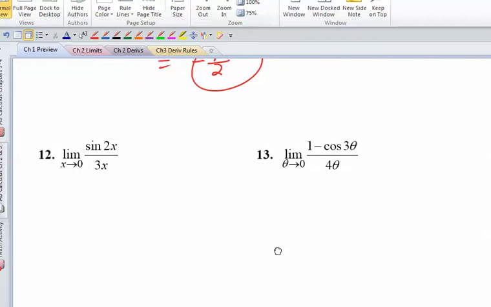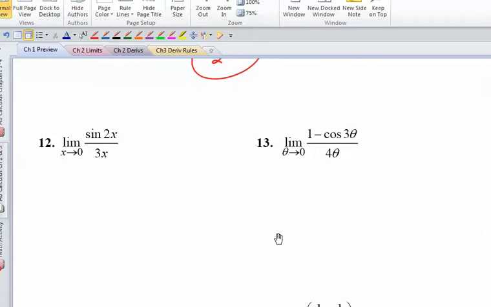All right, number 12 looks like our theorem, if we could get this glob of 2x to match this glob of 2x. So our trick is to use our limit laws. We can bring that 3 out in front, and then we're almost to our theorem.